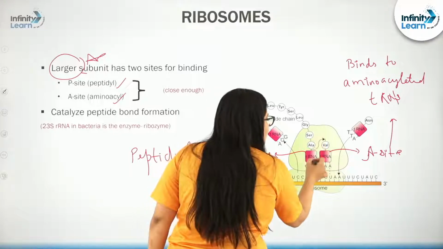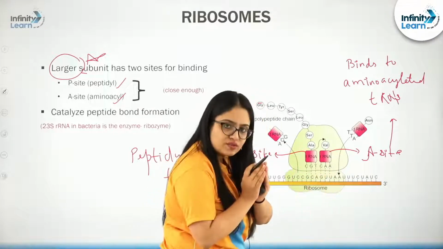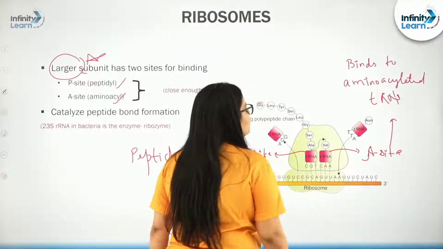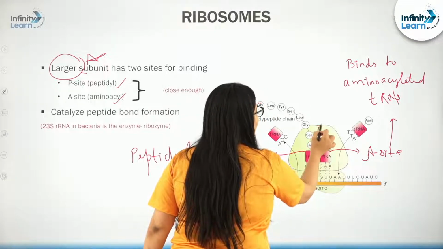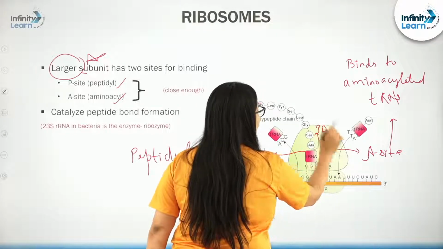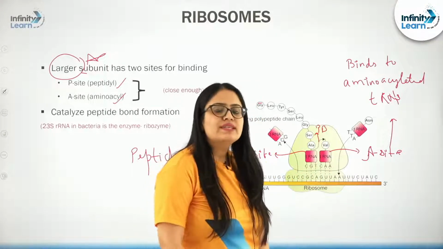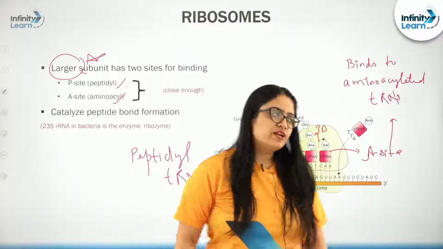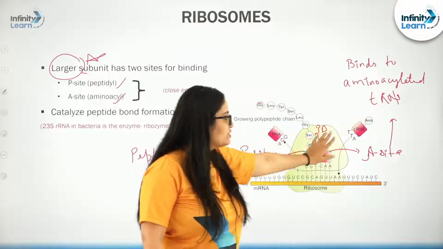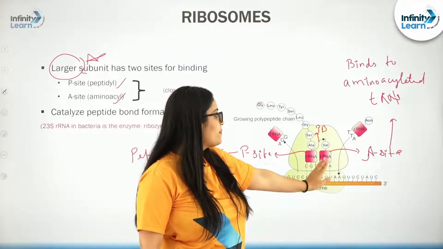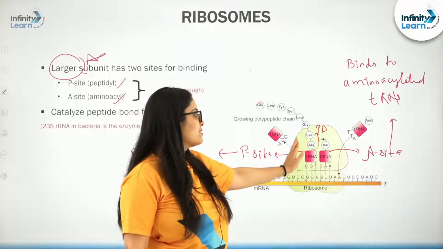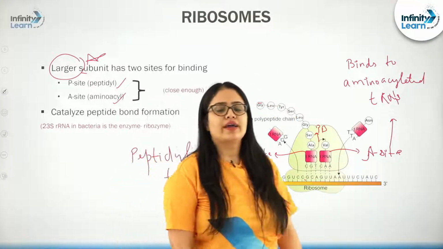So, since the P site and A site are close enough, there is formation of peptide bond between the coming or subsequent amino acids. Subsequent amino acids will continuously come on A, and peptide bonds will continuously get formed on site P. That is how it works.